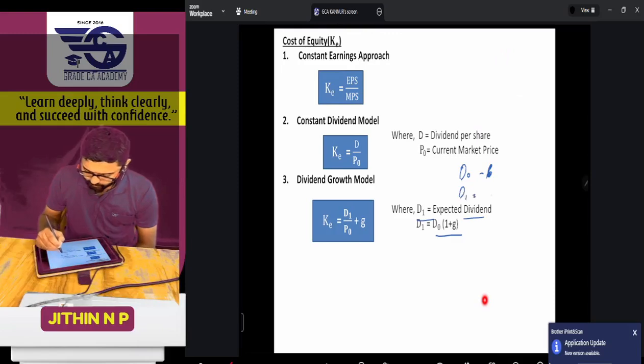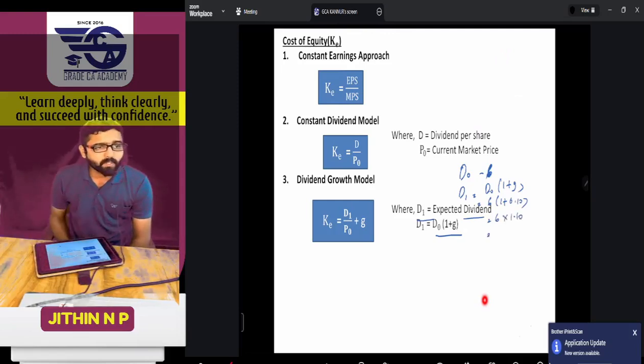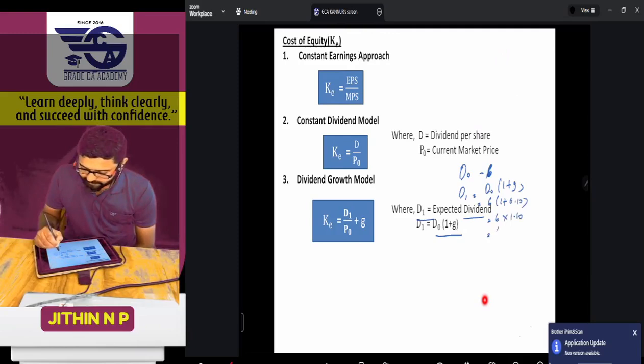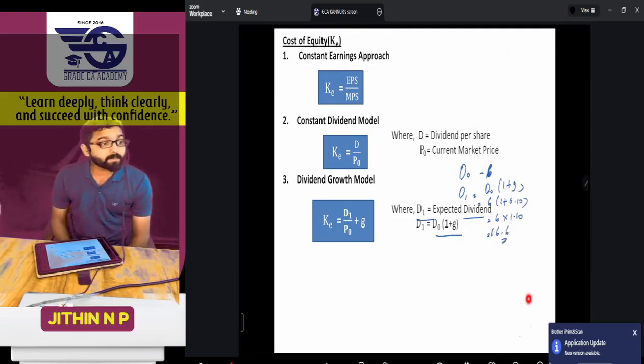D1 is equal to D0 into 1 plus G. D0 is 6 rupees, 1 plus 0.10, that is 6 into 1.10, which is 6.6 rupees. D1 is the expected dividend.